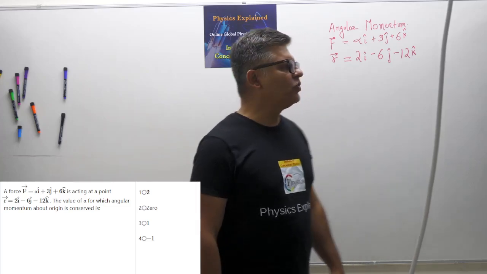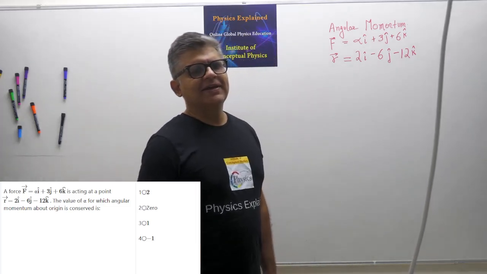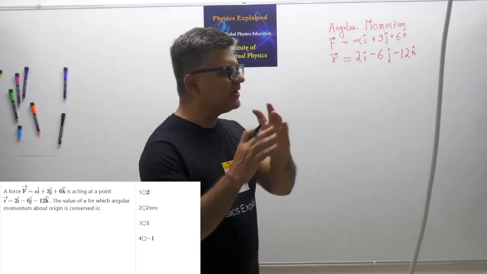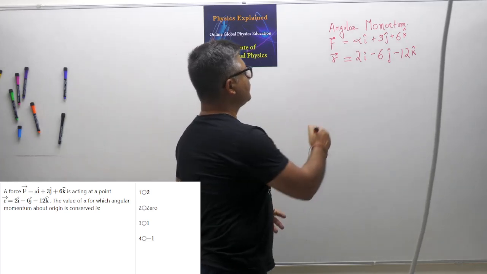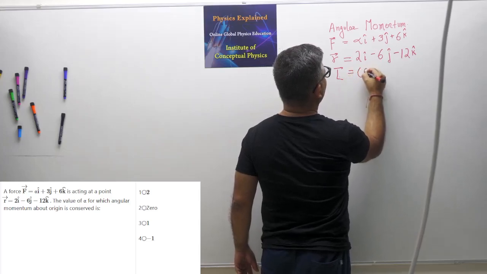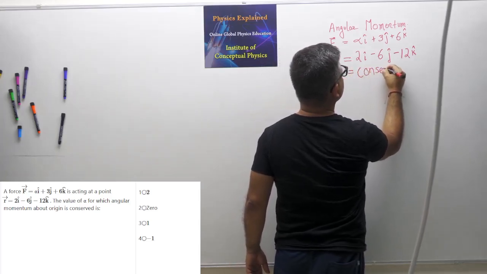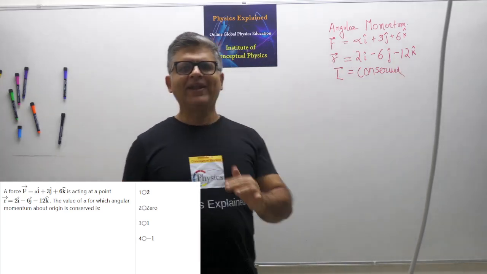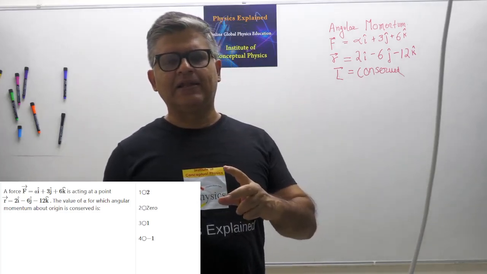So let's look into this problem. Now, if you notice, the question says that the angular momentum is conserved. Generally, we want L to be conserved. Let's do a reverse thinking. When is the L not conserved?